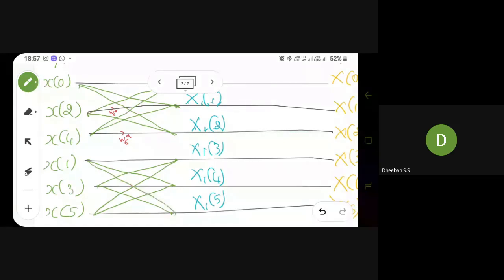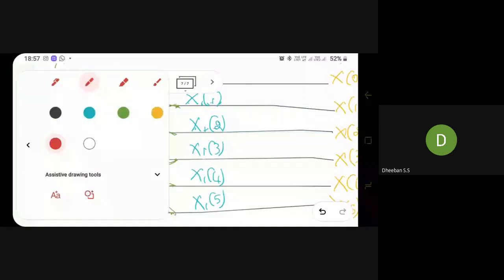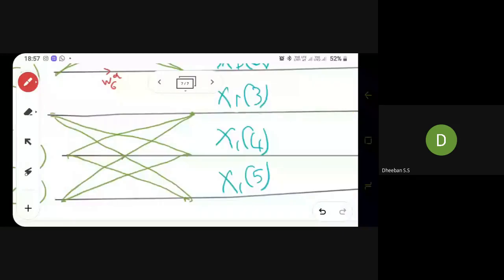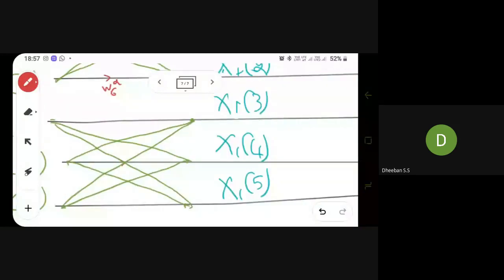Now, the twiddle factor for this stage. Here the twiddle factor will be the same, W6 of 2, and over here again it is W6 of 2. Here I just made around this type, and this is the second sample.